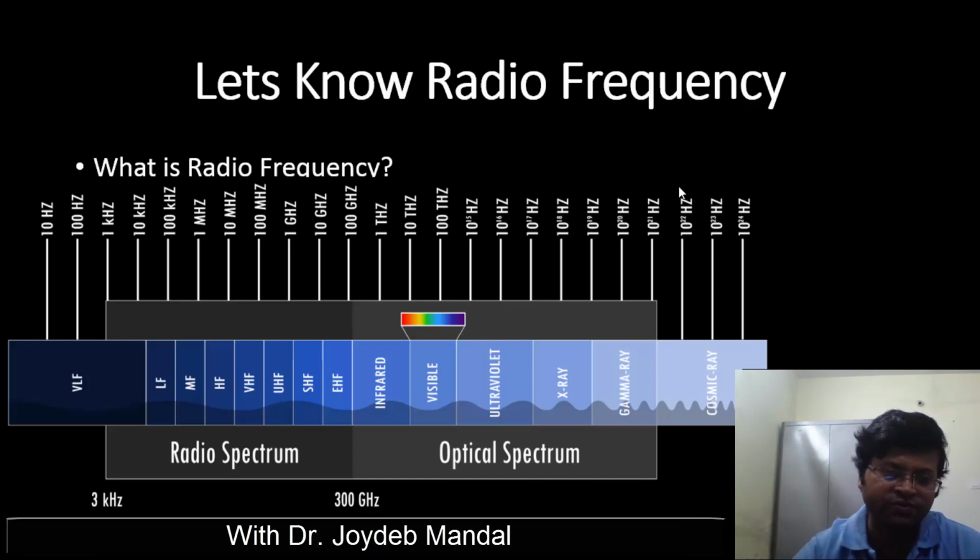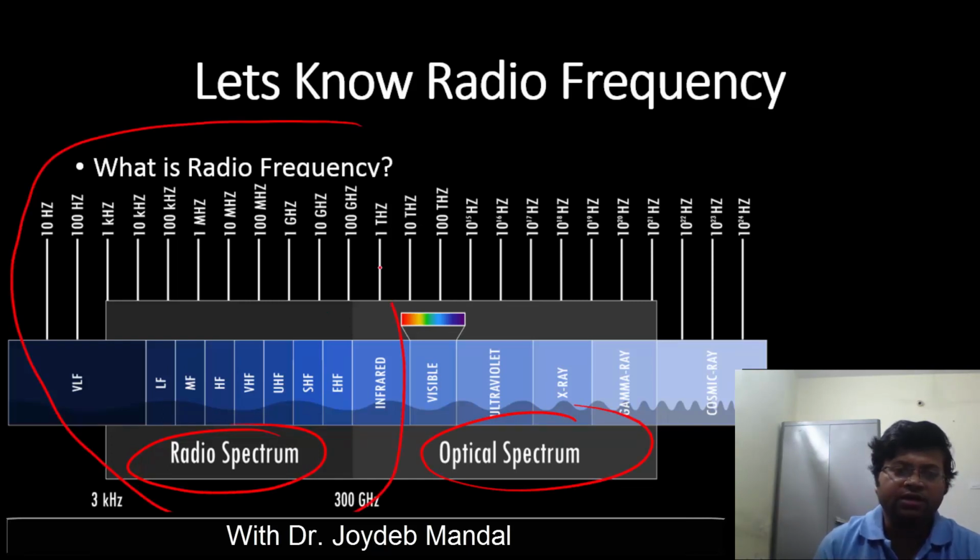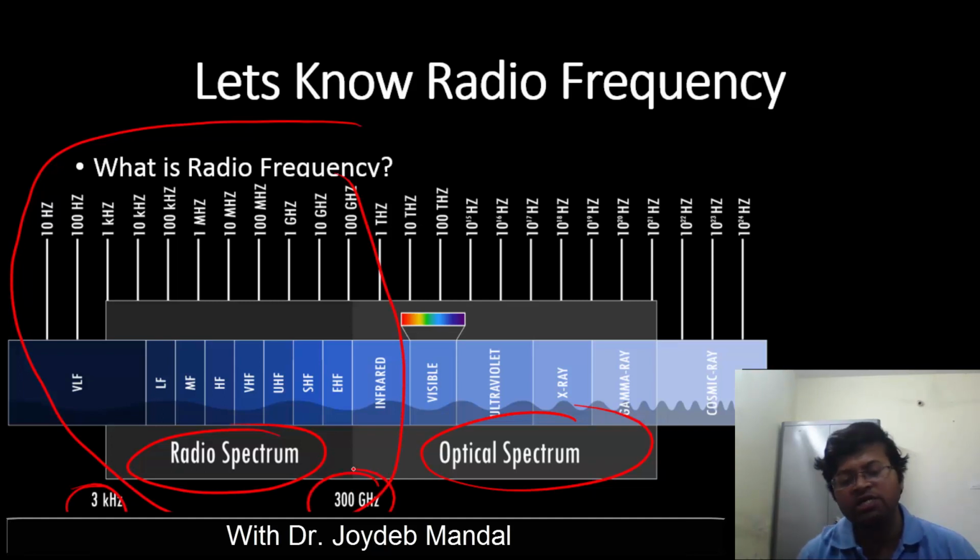Left side is the radio spectrum, right side is the optical spectrum. We will discuss up to this side. The radio spectrum is basically 3 kilohertz to 300 gigahertz. Whatever signal lies in 3 kilohertz to 300 gigahertz, we call radio frequency.